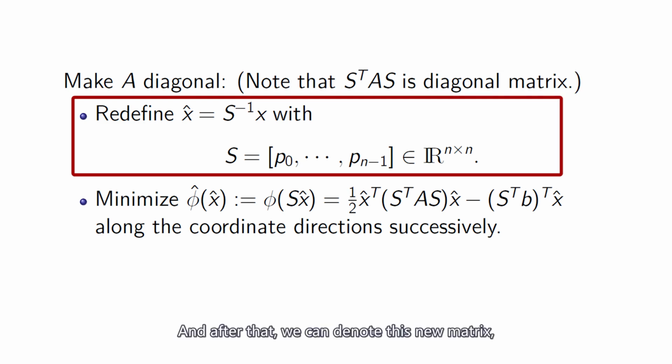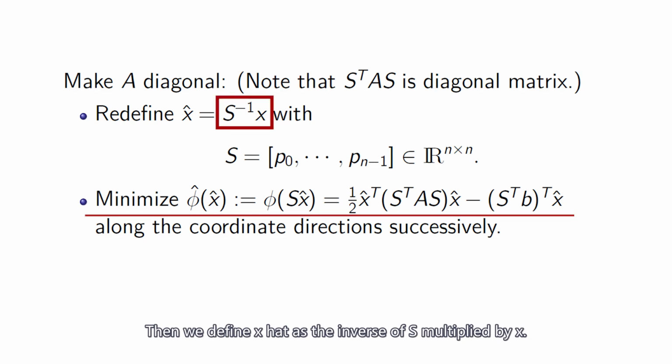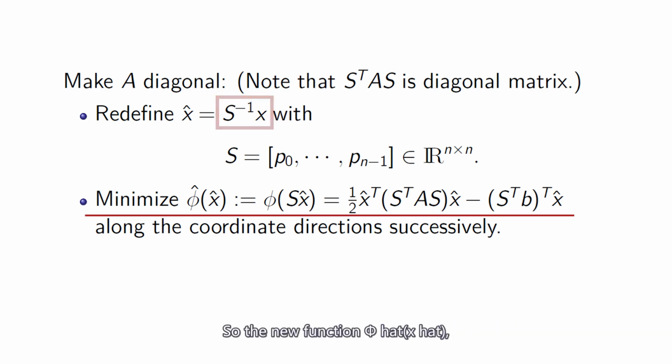Then we define x hat as the inverse of S multiplied by x. The new function phi hat of x hat, which is the transformed problem by S multiplied by x hat, will have the finite termination property.